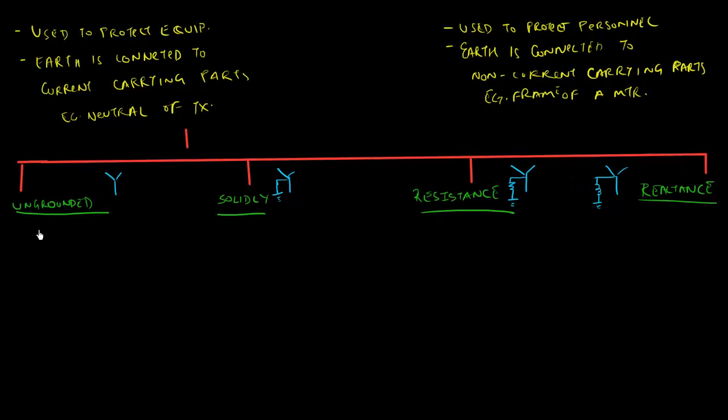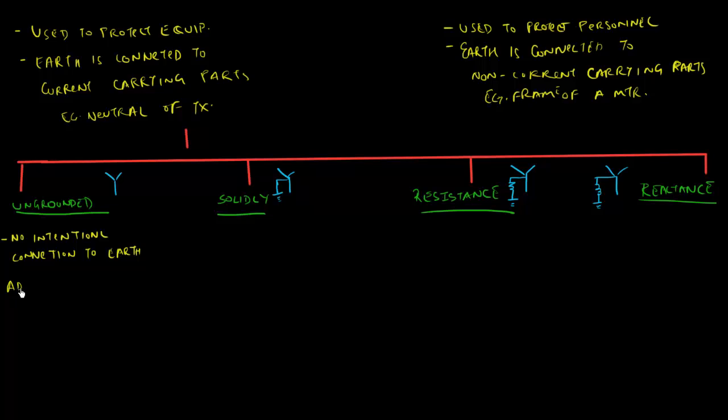So an ungrounded system is where there is no intentional connection to earth. As you see here, there's no intentional connection to earth.